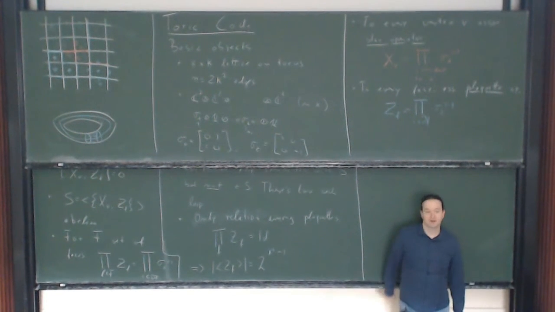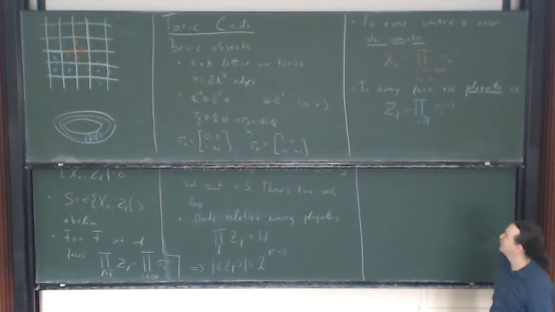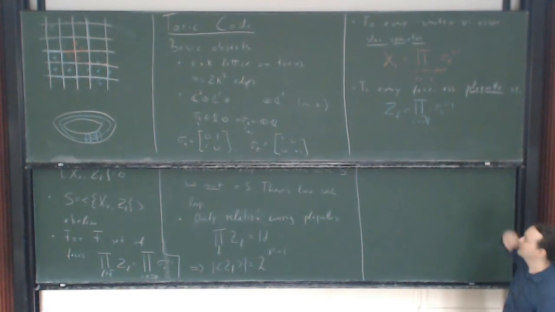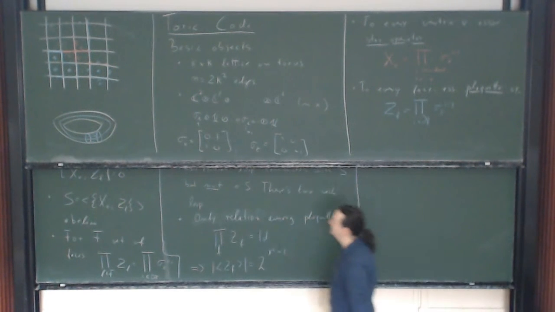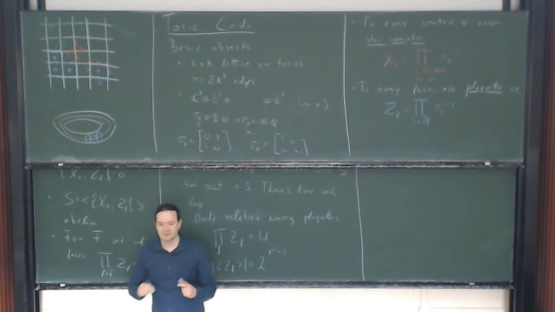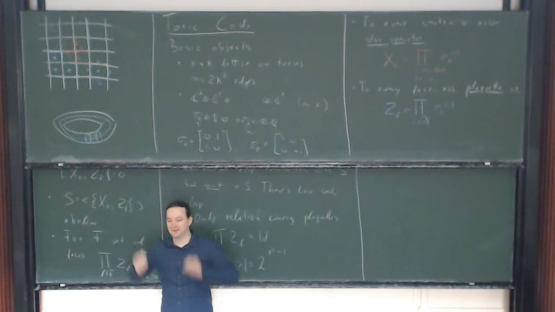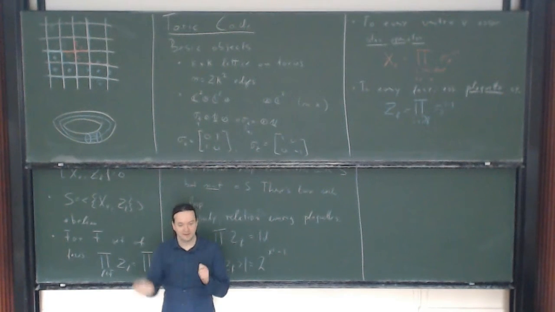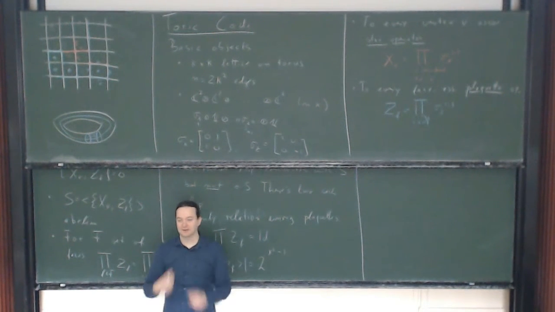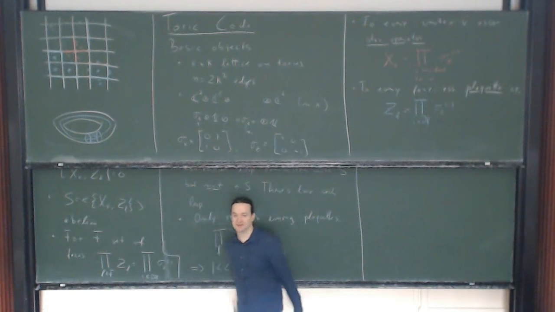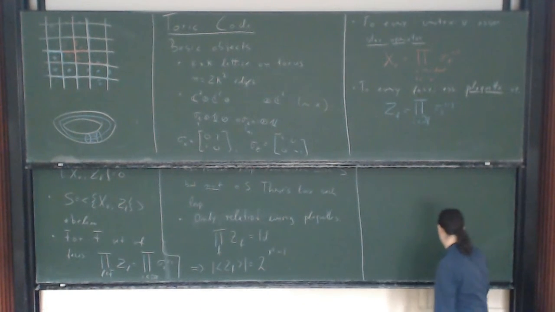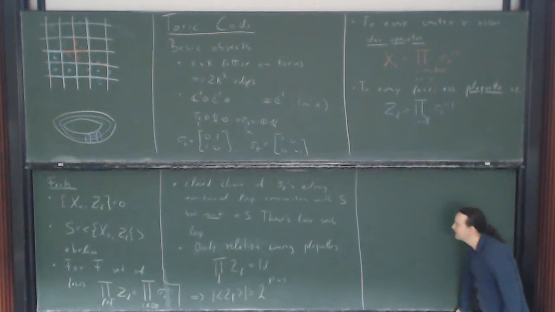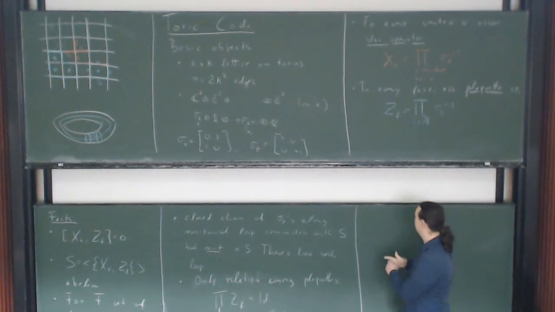Okay? All right. So now the same analysis works for the star operators. You can basically do the same. I will not tell you how it works, but it's exactly the same analysis up to some duality operation, which I can explain to you later if you ask me. So analogous for stars.